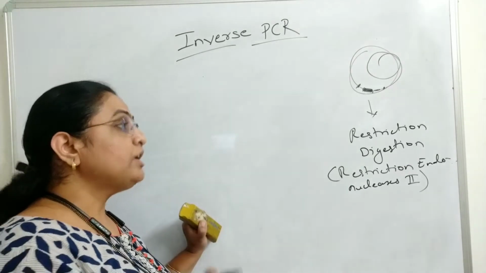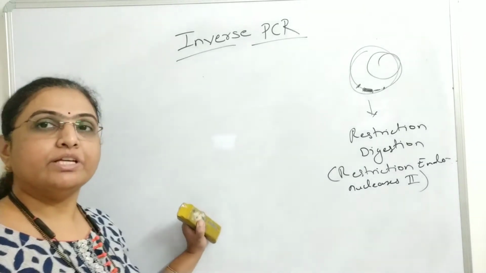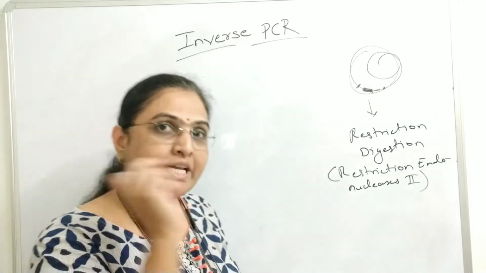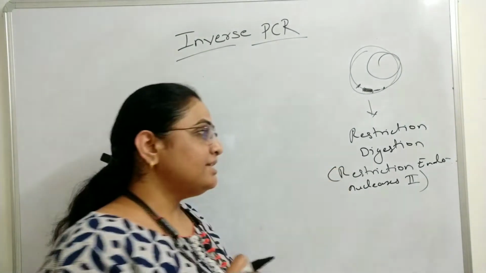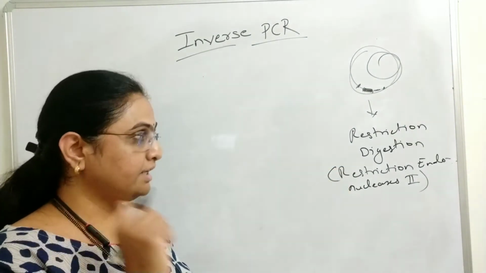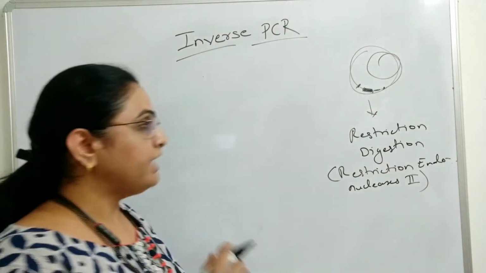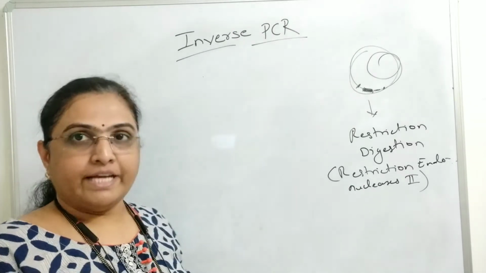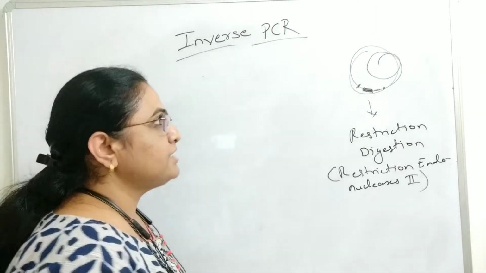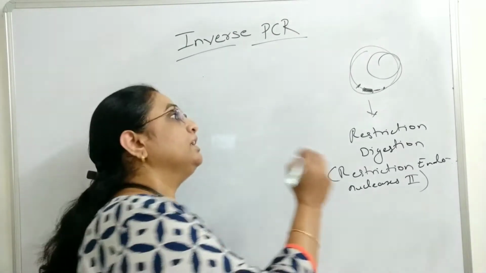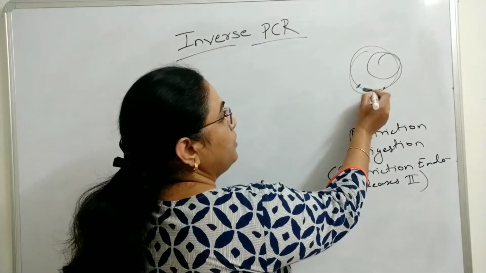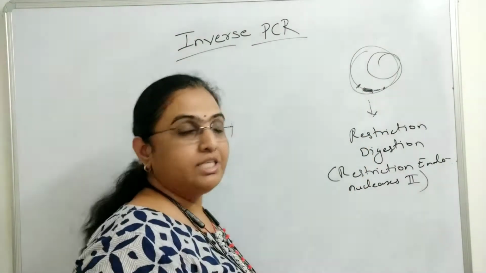Here, when you are selecting the restriction endonucleases, what should be kept in mind? The restriction site should not be in between this unknown as well as the known DNA sequences.